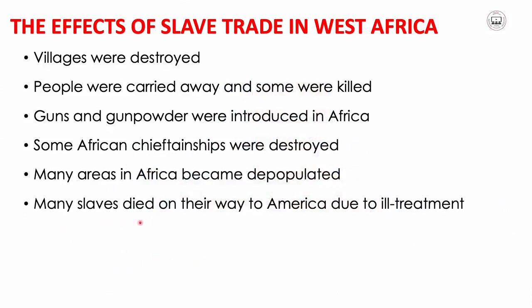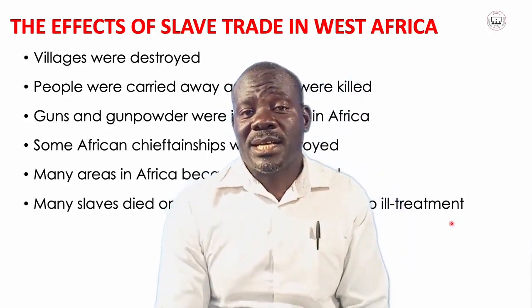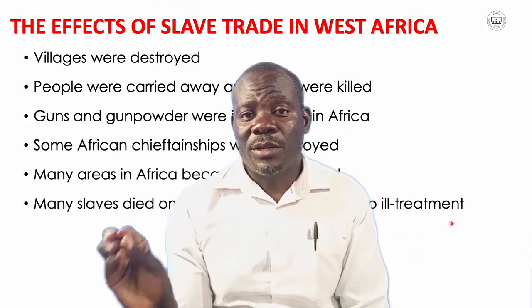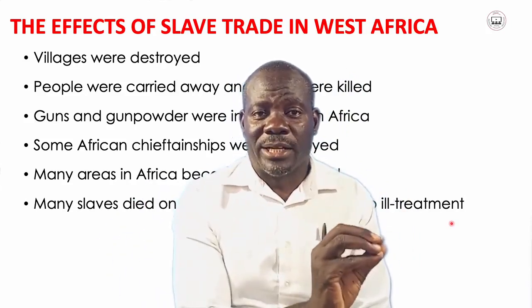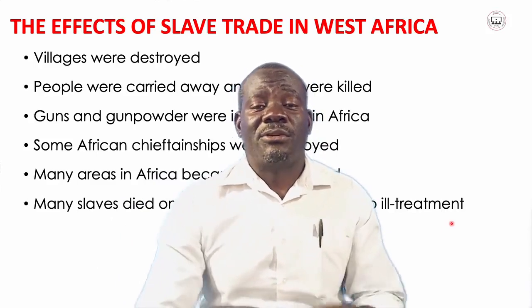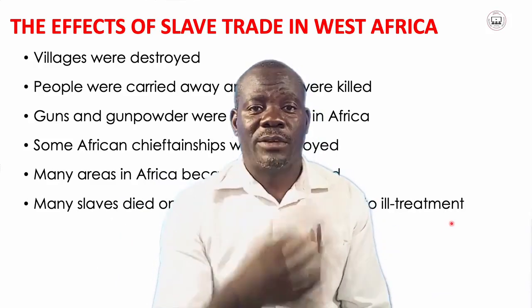And many slaves died on their way to America due to ill treatment. We have touched on that point to say that as they were shipped from West Africa to America, they were ill-treated. No food. Sometimes 3-4 days they were given food once.